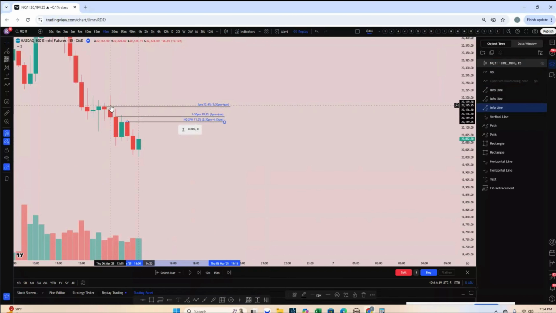So although you see at 1:15 we touched it, I'm not looking to get to it at 1:15. I'm only looking for price to get there starting at 1:30. So at 2:30, I was looking at the charts. I noticed that these had not been touched when they were supposed to be touched within that time frame.